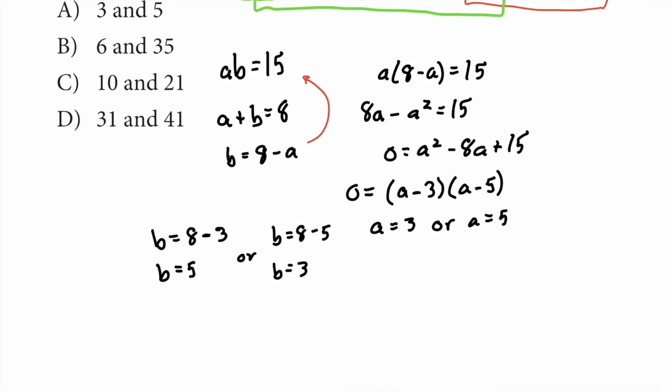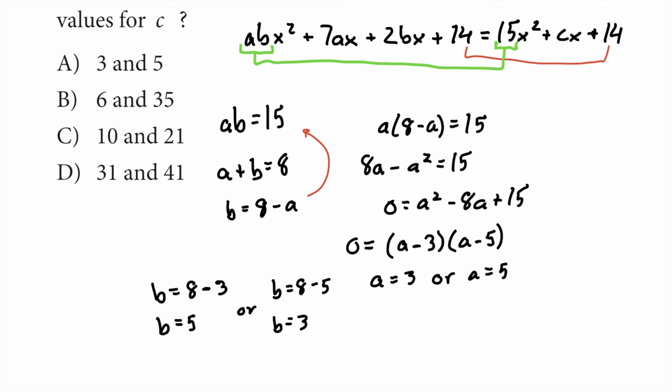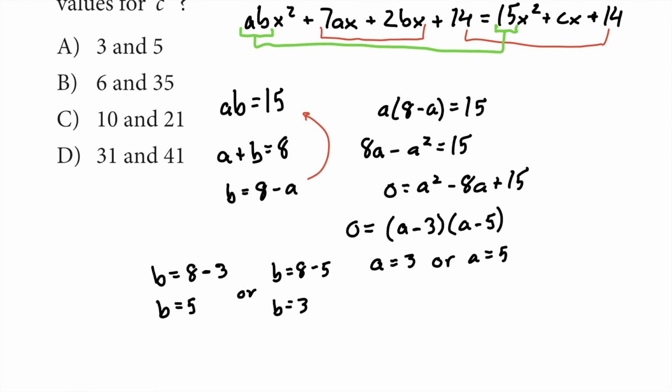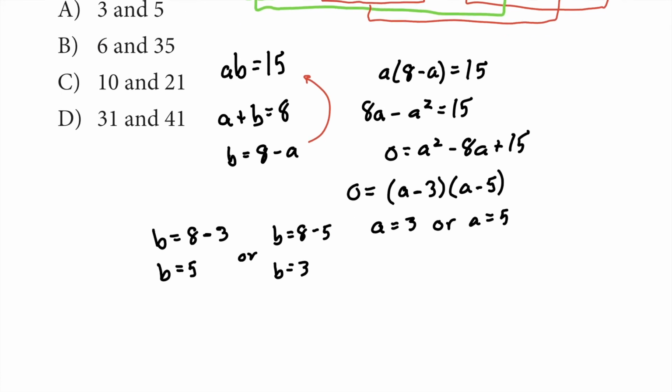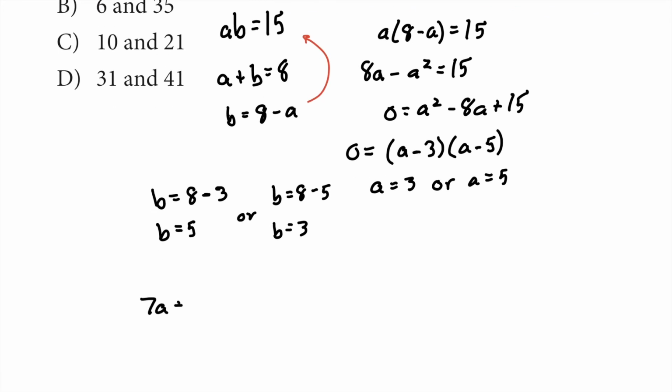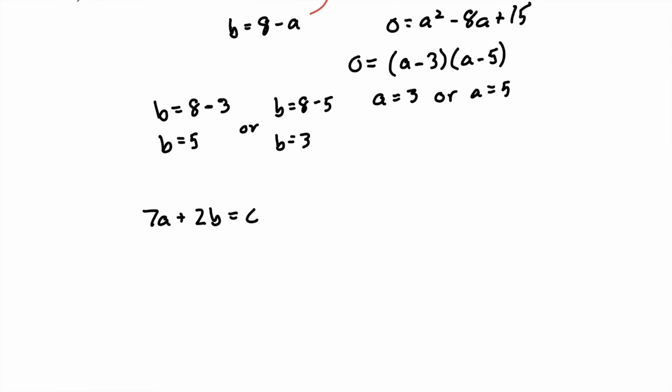So then we substitute that in for this expression, because we know that this and this are equal. So we could say 7a plus 2b equals c. And so we substitute 3 in for a and 5 in for b.